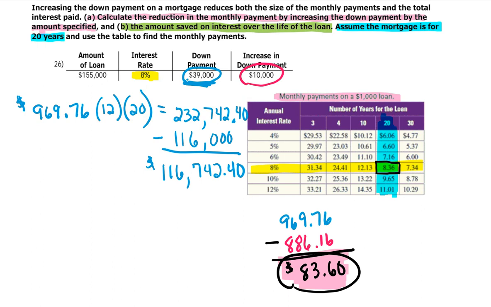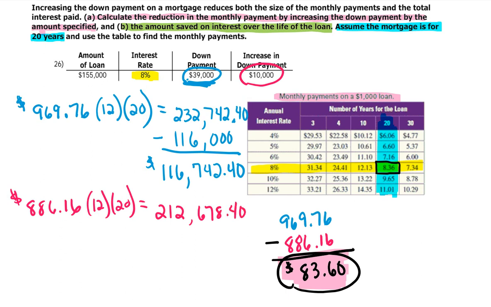That's more than double. Okay, now the one in red, the $886.16. If I pay that every month, 12 months for the next 20 years, which is 240, I will have paid back on that one $212,678.40.